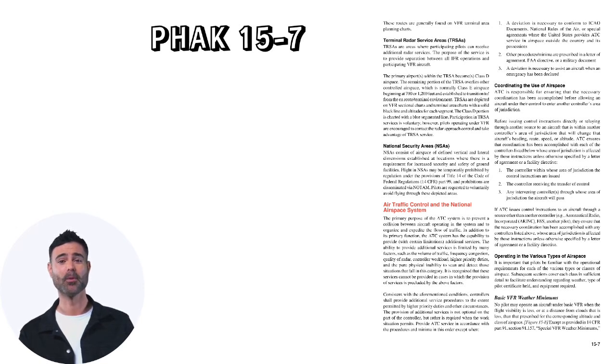Basic VFR weather minimums. No pilot may operate an aircraft under basic VFR when the flight visibility is less, or at a distance from clouds that is less than that prescribed for the corresponding altitude and class of airspace, except as provided in 14 CFR Part 91, Section 91.157, Special VFR Weather Minimums.